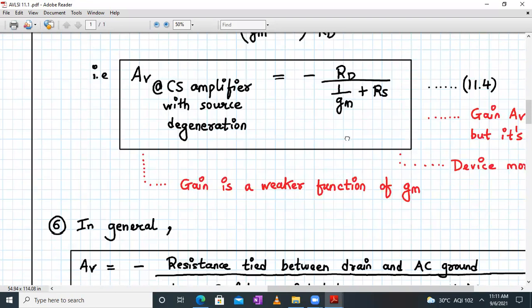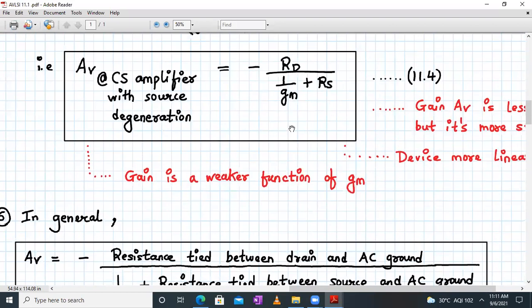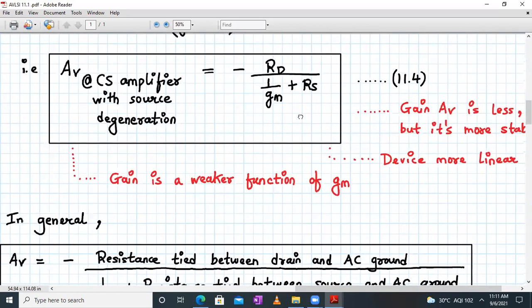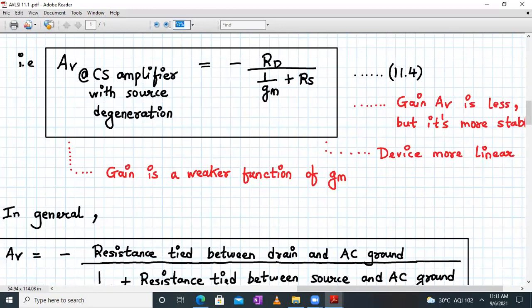And finally, the gain of the CS amplifier with source degeneration was given by minus of RD divided by 1 upon gm plus RS. And it was found that this gain is slightly lesser than the CS amplifier, but it's more stable.